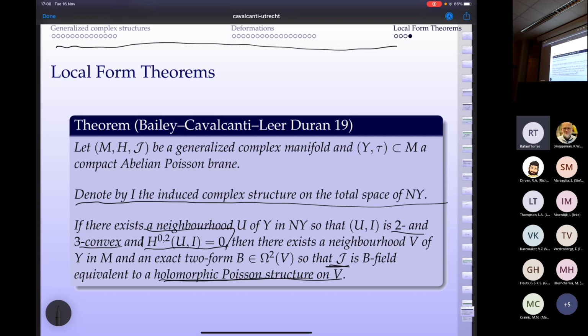And to get elliptic regularity and so on, when you have a complex manifold with boundary, the shape of the boundary, how convex or how concave it is, is actually important. It's not like in real geometry, where that doesn't come up. So there's some condition of it being convex or concave enough that you can actually do Hodge theory in the degrees that you're interested in. But then you conclude that there is a large class of families that is of holomorphic Poisson type.